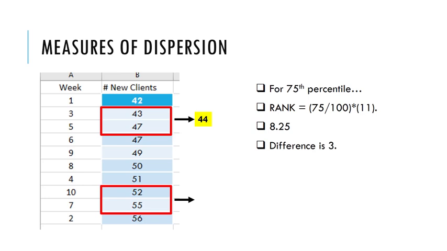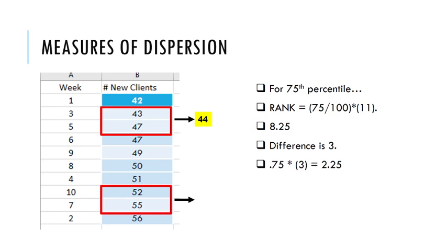Remember our first step, we find the difference. The difference is 3. How did we get that? 55 minus 52. So basically what we're trying to do is apportion this difference. I'm going to take the percentile that I'm interested in, 0.75, multiply it by the difference, and I get 2.25.